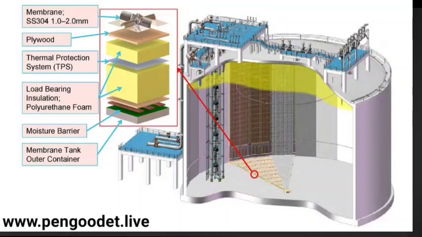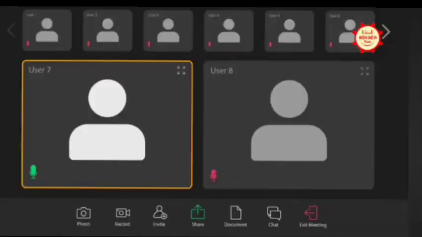These bricks are there. It comes this way. We understood a bit, but we need to study it in more depth. Yes, two walls are there, one inside and one outside.